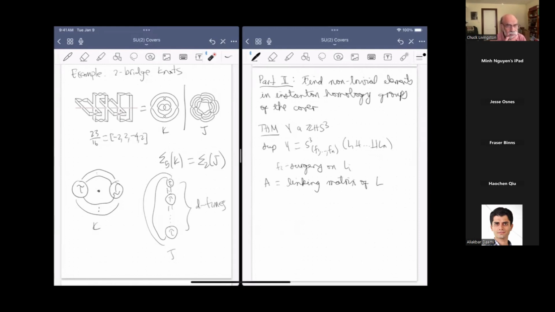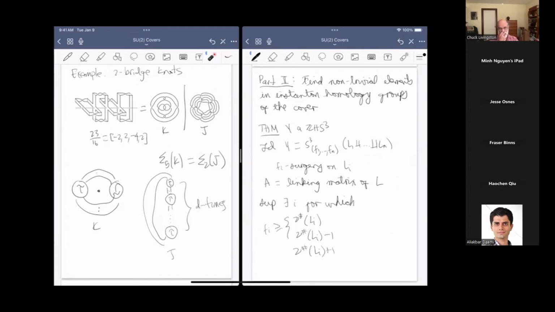the assumption is that there exists an i for which the framing is greater than or equal to the nu sharp invariant of L_i, or maybe I can get away with one less, or maybe I need one more.